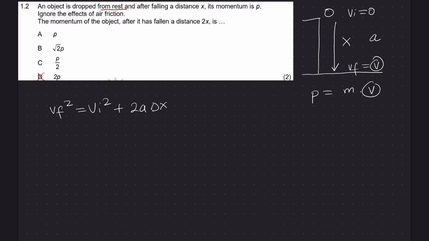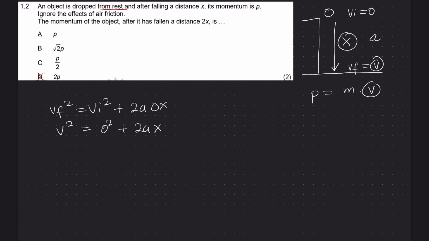Let's sub in our quantities and see what we get. We know the final velocity is v. So v squared is equal to, the initial velocity was 0, so 0 squared, plus 2a, and it fell a distance x, so 2ax.